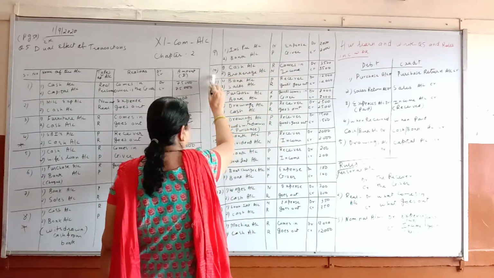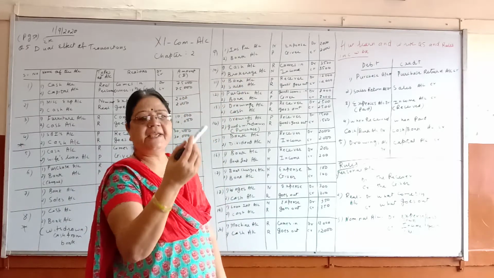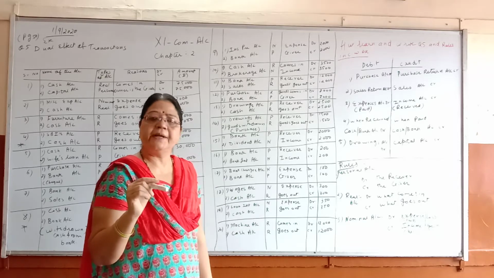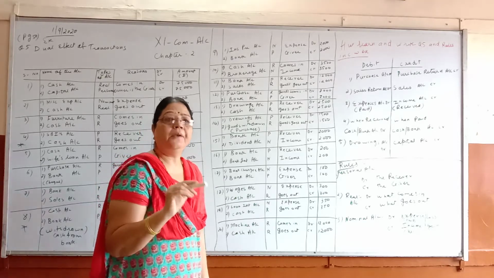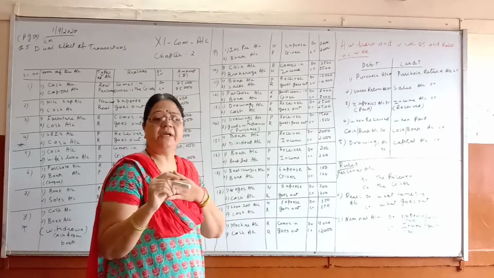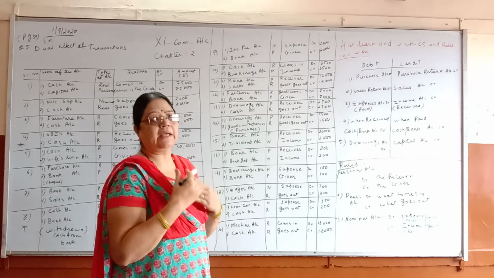In the 10th one, received brokerage. When the word received is used, you know it is a cash transaction. And you know it is our income. If it is our income, then only we will receive. So received brokerage. So what is happening? Cash comes in.